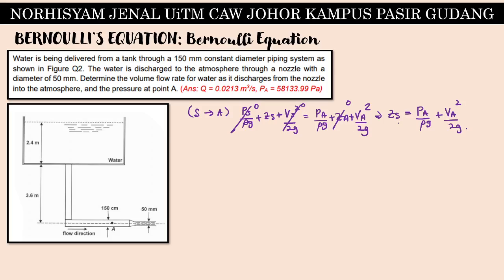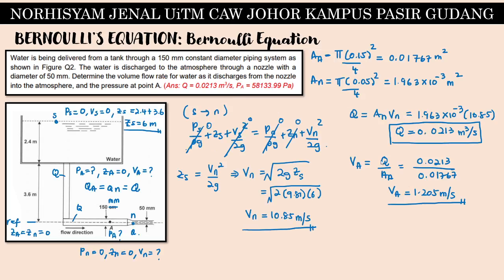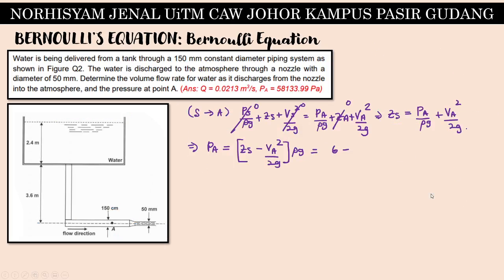Alright, so if you rearrange the equation, it will become PA is equal to ZS minus VA squared over 2G, multiplied by rho G. So equals ZS should be 6 meter minus VA just now, 1.205 meter per second.